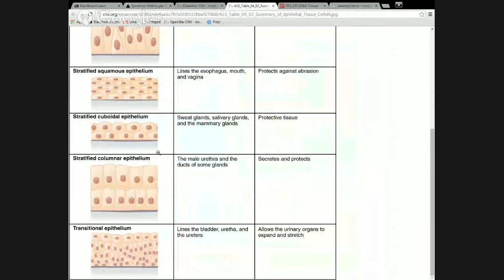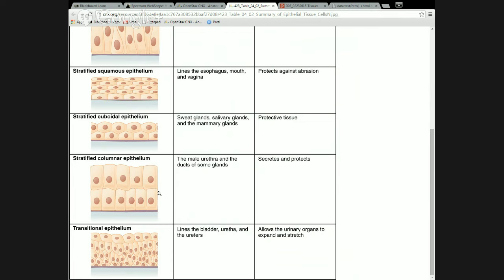When we get to talking about glands in the skin and that sort of thing, I'll have a few things to say about them, but more importantly, just glandular tissue, unless it's the duct of an exocrine gland, doesn't really fit well into the layer and cell shape classification system. So there's just a ninth type of tissue there.